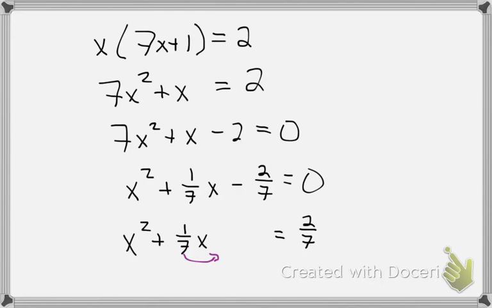What is half of 1/7? 1/14, and that's going to square up to 196. Did I get it? Yeah. Go me. So we're going to add 1 over 196. But if I add that to the left, I add it to the right as well.